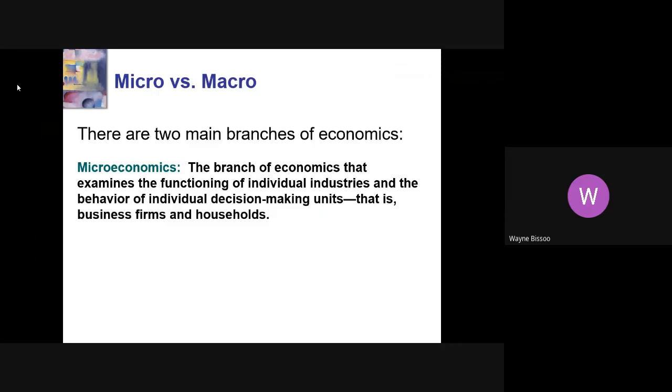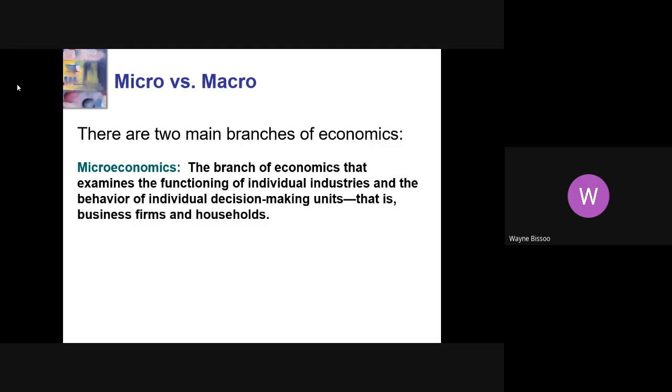All right, so now we go to the distinction of micro and macro. These are the 2 main branches of economics. There are other branches, but these are the 2 that you're going to be focusing on. Microeconomics tries to examine individual elements of our economy. We're looking at the individual decision-making units, and that has to do with studying the behavior of firms and the behavior of households.